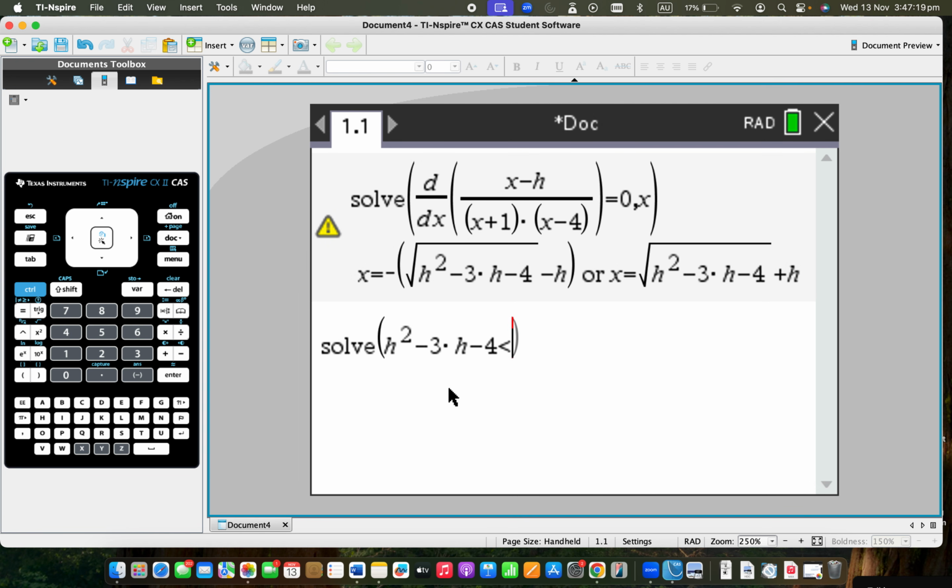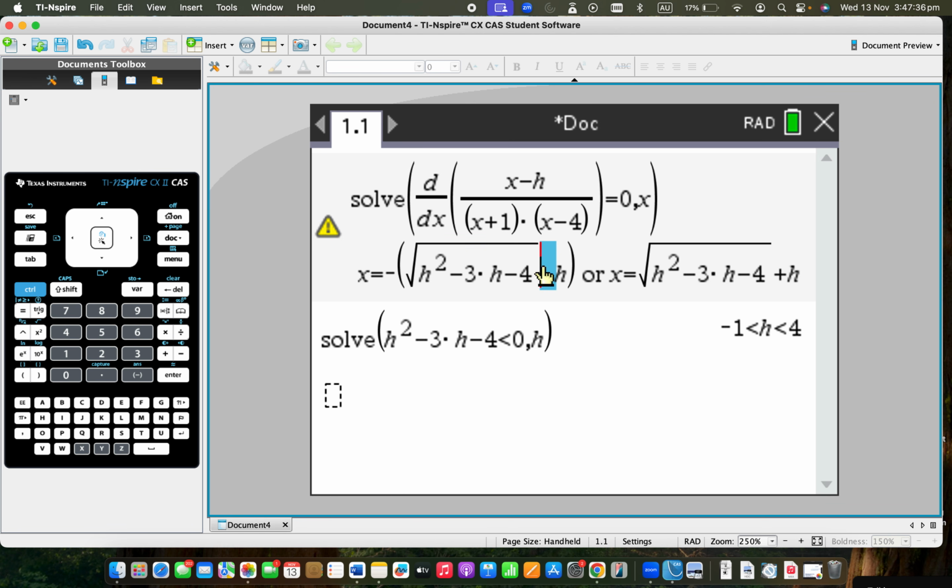Sorry, less than 0. So h is between negative 1 and 4, but we should also check what's going on when this is 0.